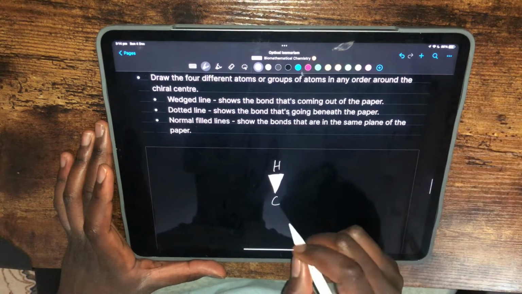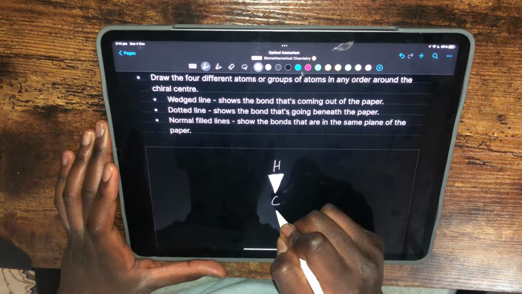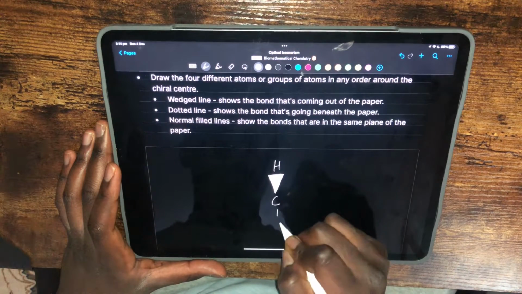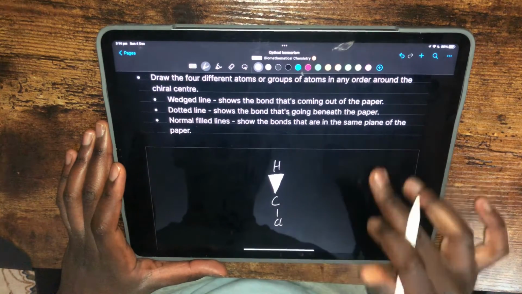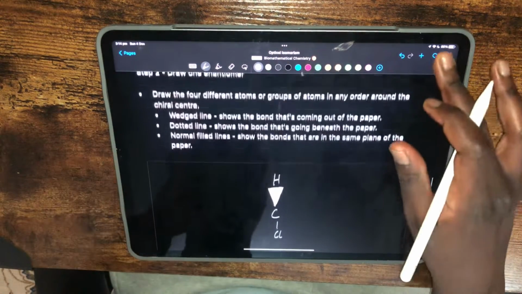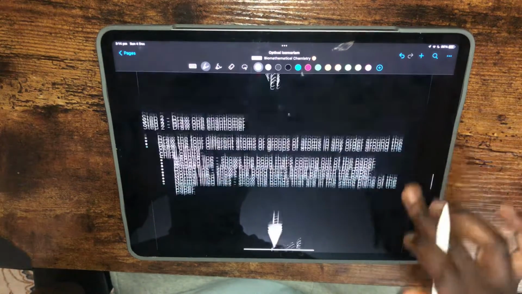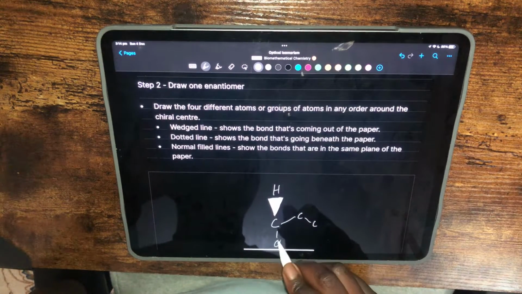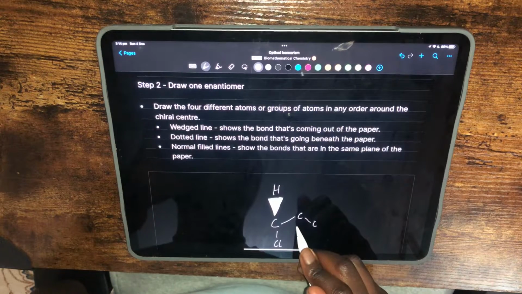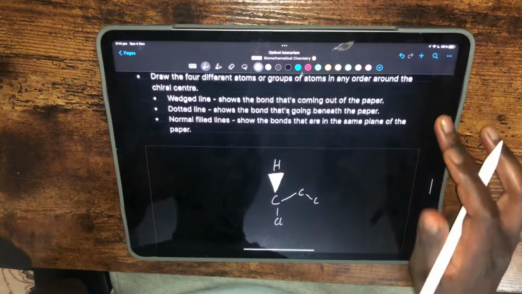I'm going to draw the chloro as going below the plane here. The chlorine is on the same plane as this group here. I've decided to do it on the same, so this is all on the same plane, right?